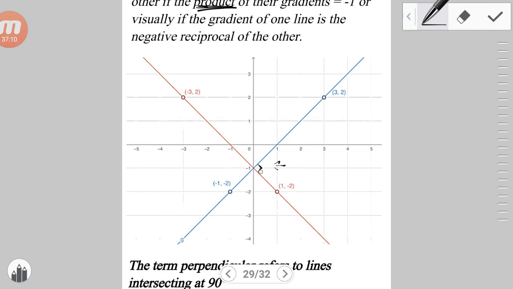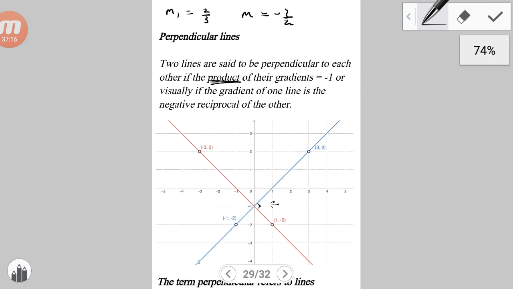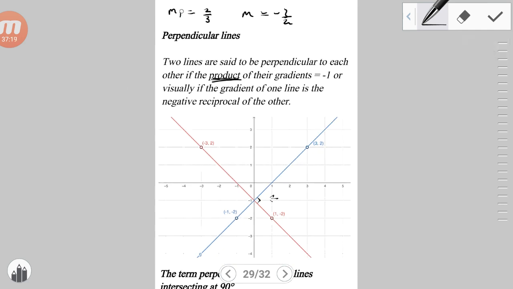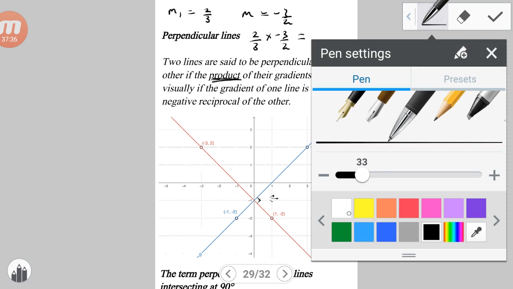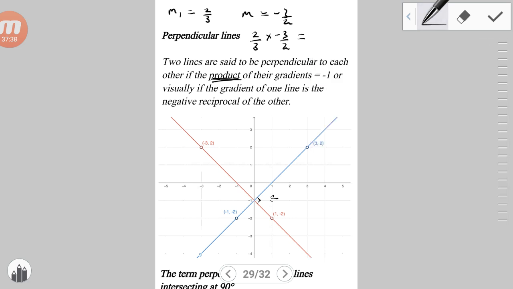What does this mean for us? This simply means that if they intersect at 90 degrees, then the gradient of the blue line, let's say hypothetically speaking that the gradient of the red line is 2/3, and the gradient of the blue line is -3/2. If I take 2/3 and I multiply it by -3 over 2, if I get -1 as my answer, then a conclusion that can be made is that the lines are perpendicular and they will meet at 90 degrees.